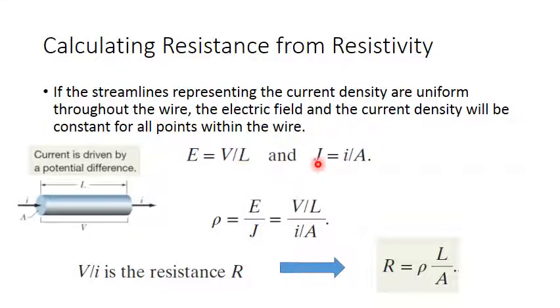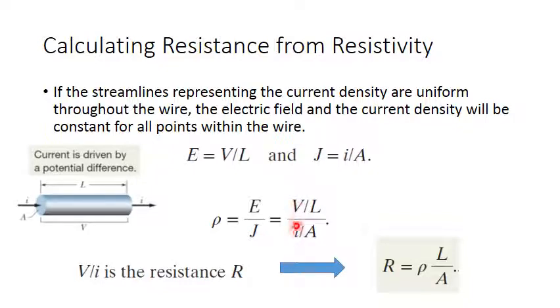And the current density J is the total current passing through the sample over the cross section area of this sample. So J is I over A. So if we apply this value of the electric field and this value of the electric current density, the resistivity is V over L over I over A. Now, if we are talking in terms of the resistance, V over I is the resistance.